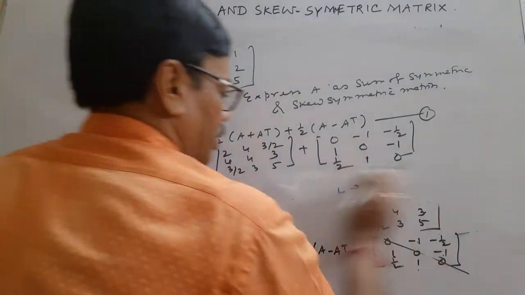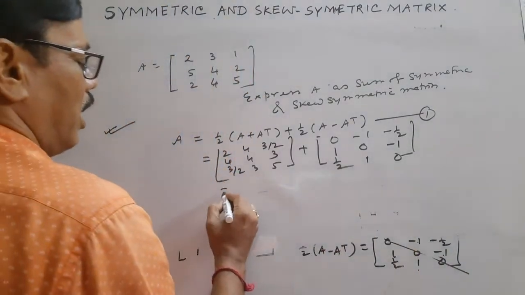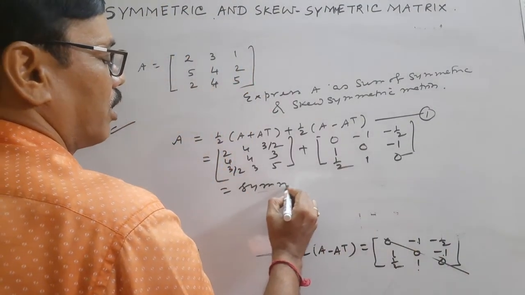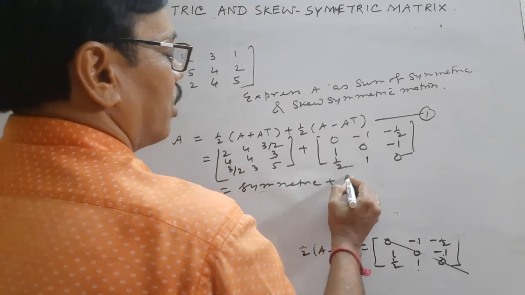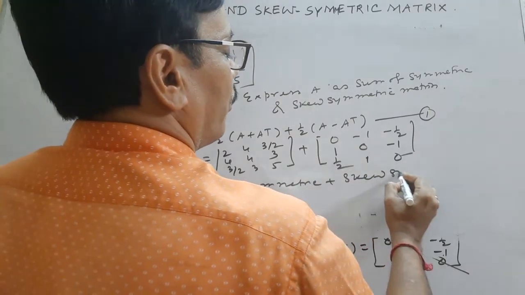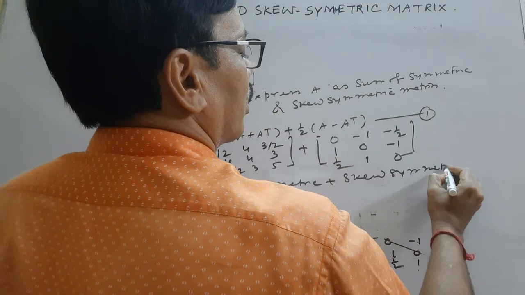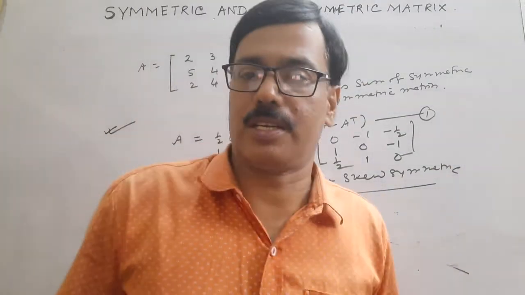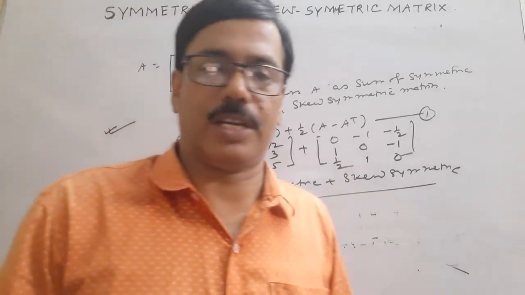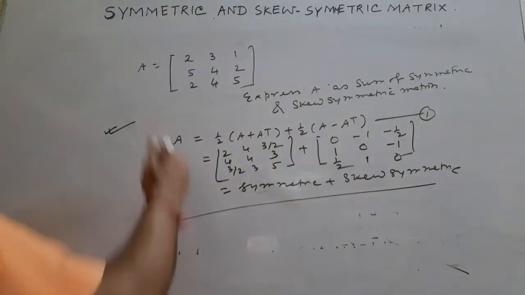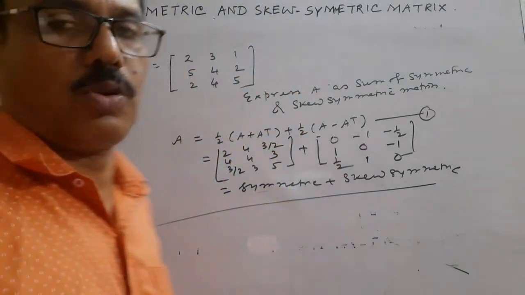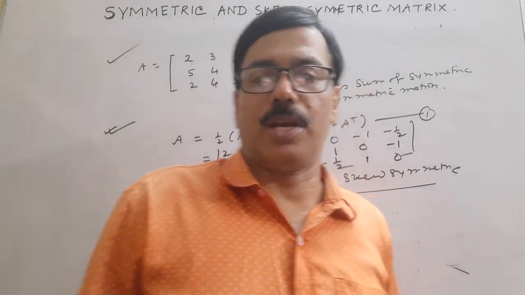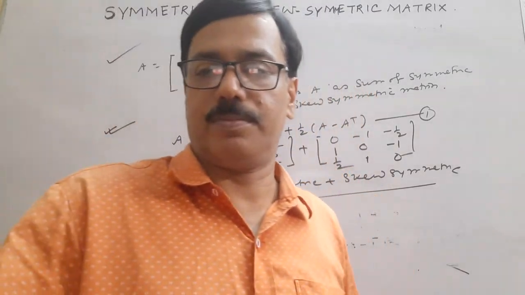So this one is skew symmetric. So every square matrix can be expressed as a sum of a symmetric and a skew symmetric matrix. So this is an application of the above theorem.